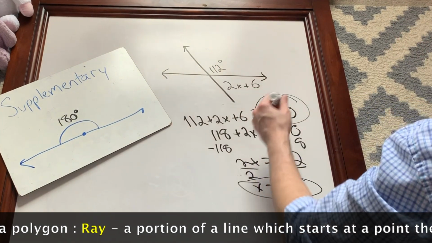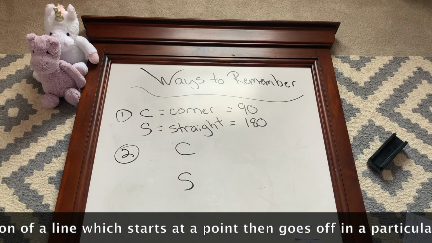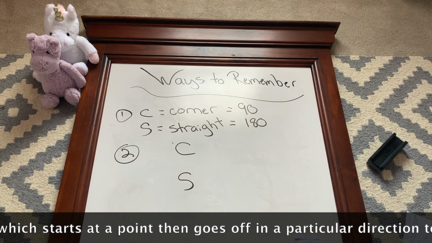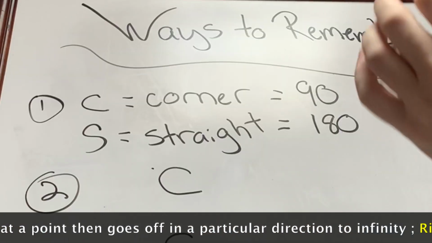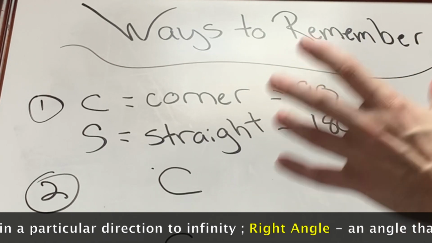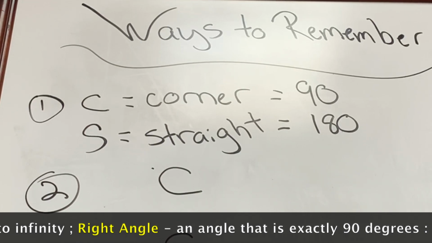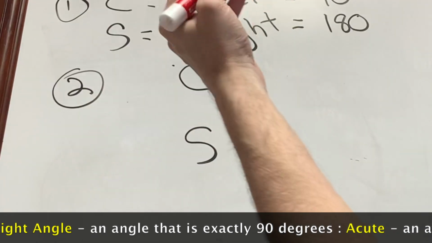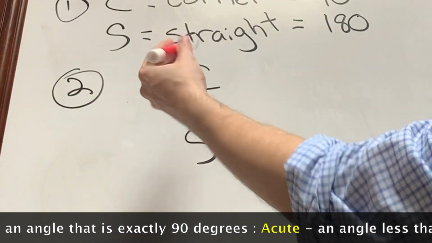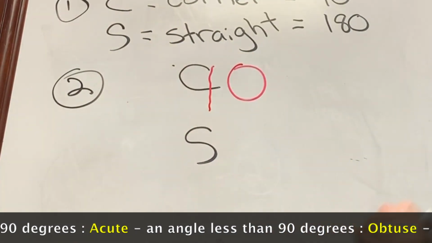Supplementary is 180. There are different ways to remember whether it's complementary or supplementary. C for complementary equals corner, 90 degrees. It has that 90 degree corner. Supplementary, straight line, 180 degrees. If you want to be kind of interesting with how you change letters, C, complementary, 90 degrees, right? Whoa, look how straight that is. 90 degrees.